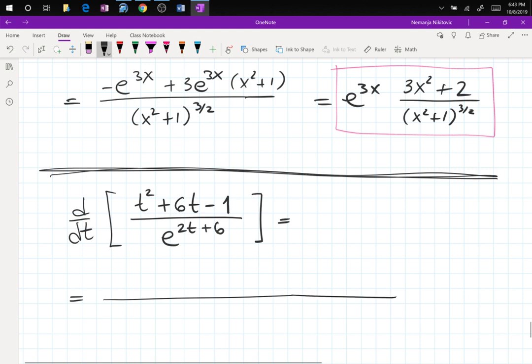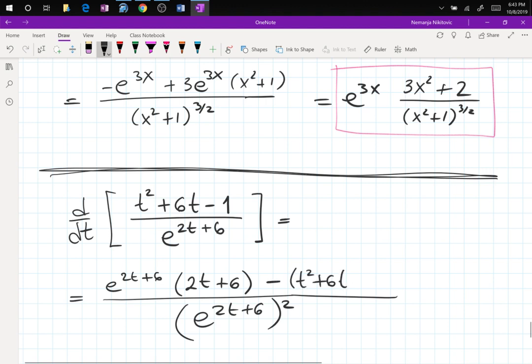So copy the denominator, square it, and then copy the denominator as is, times the derivative of the top, which is 2t plus 6, minus, copy the top, that's t squared plus 6t minus 1, times the derivative of the bottom, which is e to the 2t plus 6 times 2, and that's your chain.